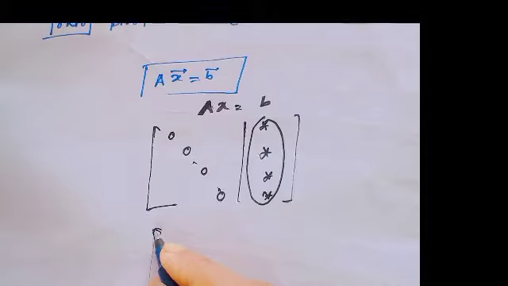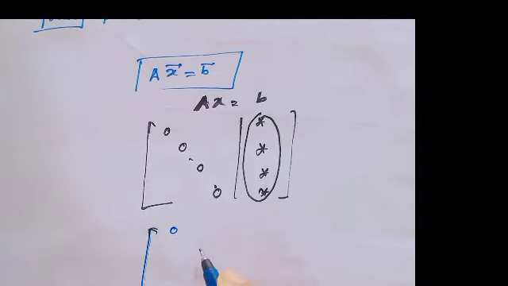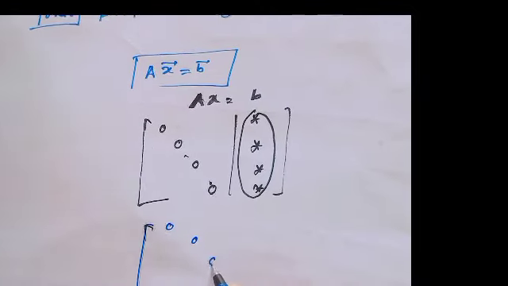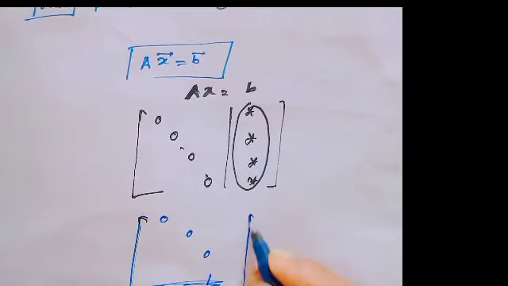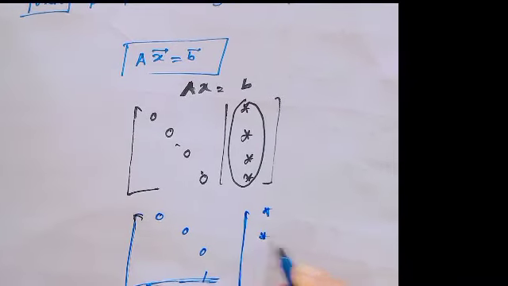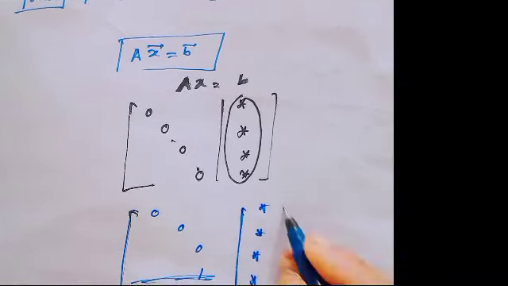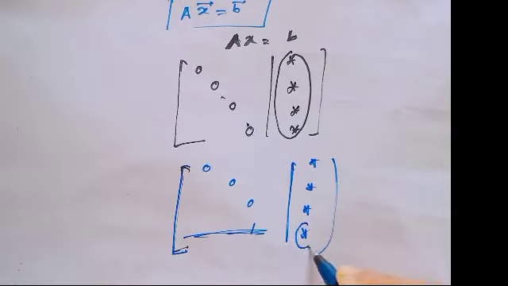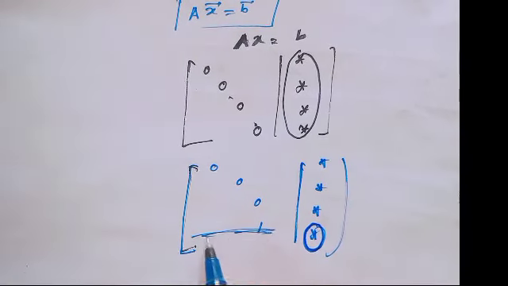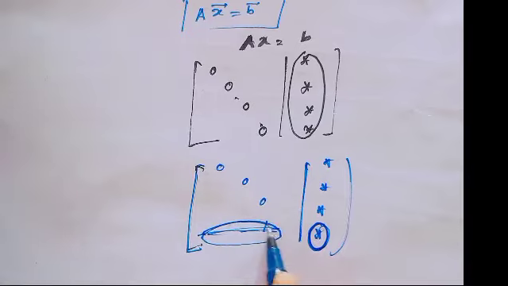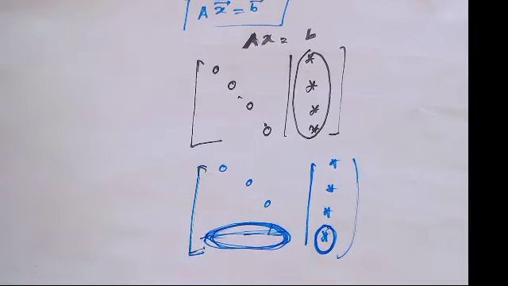Okay. Consider a matrix where not every row is pivot. Consider this row is not pivot. Then this is the solution of Ax equals b. If b has a non-zero entry here, since in this row there is no pivot, this row would be a zero row.